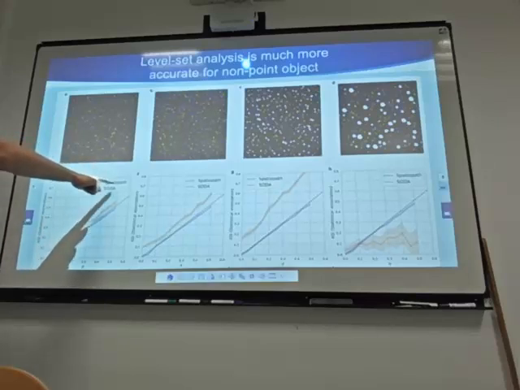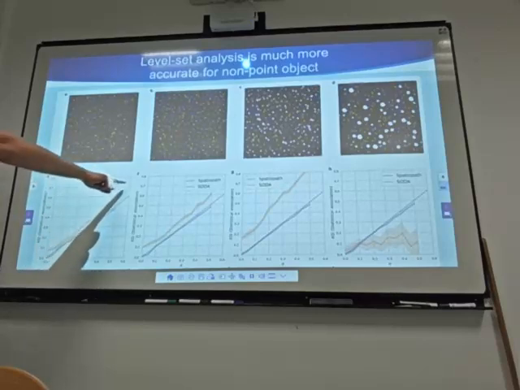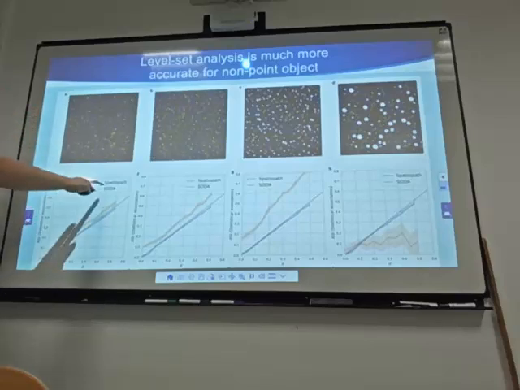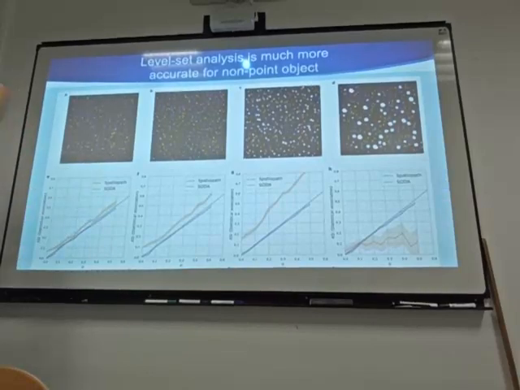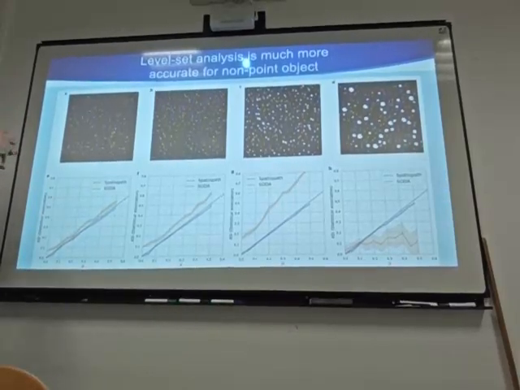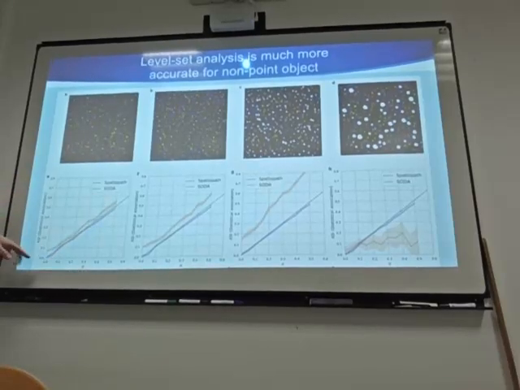So here, this is just a code name. So Pasteur, this is a method using level set mapping, and SODA for statistical object distance analysis. This is the method I presented before, where you have concentric rings around. So it works pretty well for points.